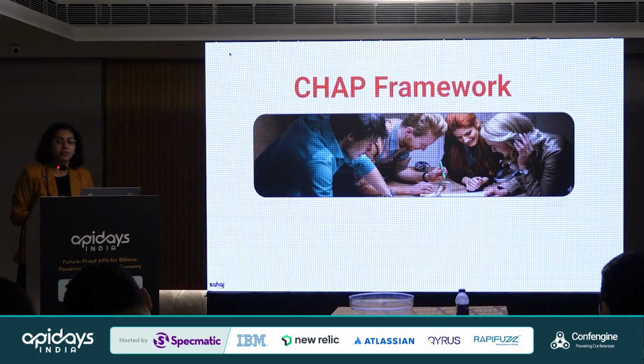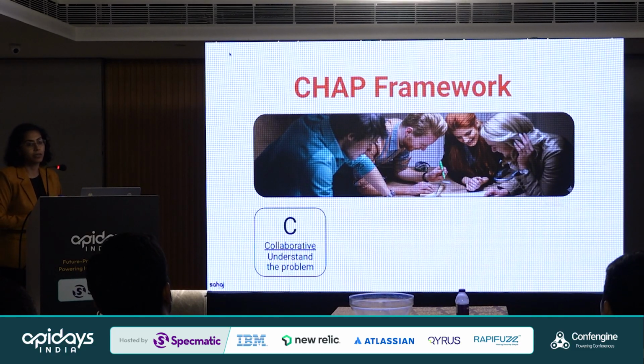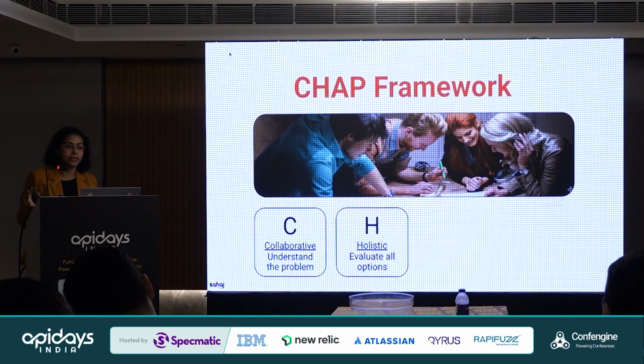It is not just some statistical comparison matrix, but it rather involves a lot of real-world nuances. First, we need to collaboratively work with our stakeholders to understand what the problem really is. Next, we cannot just pick one fancy option that we see, but we need to look at all the options holistically and decide what might be the right fit for our use case.